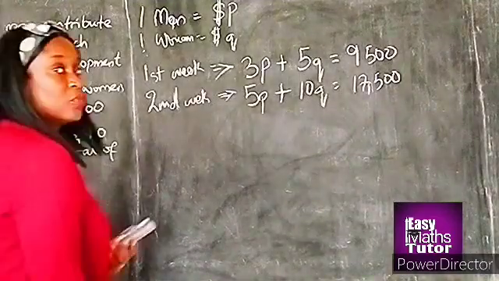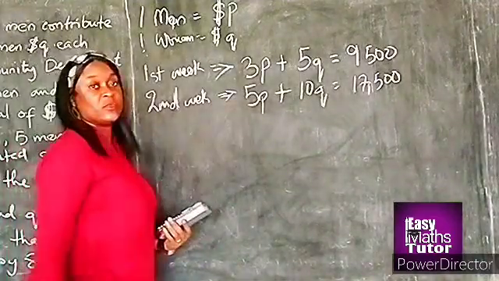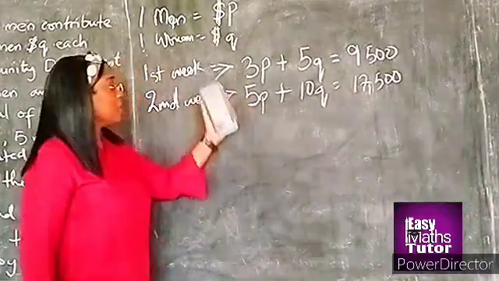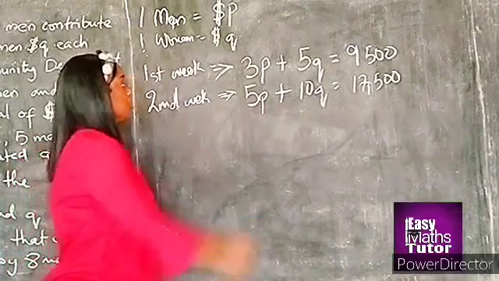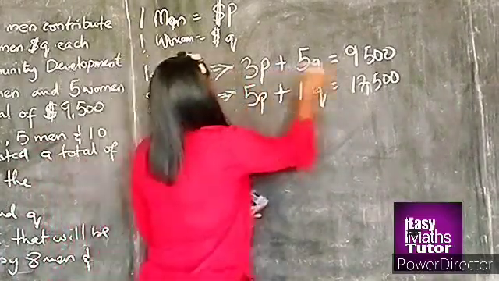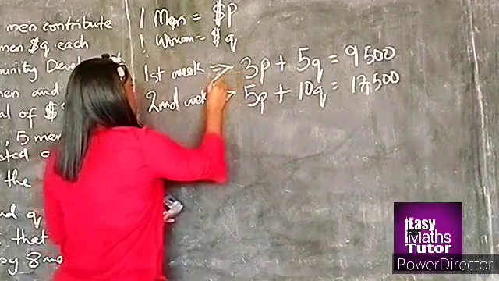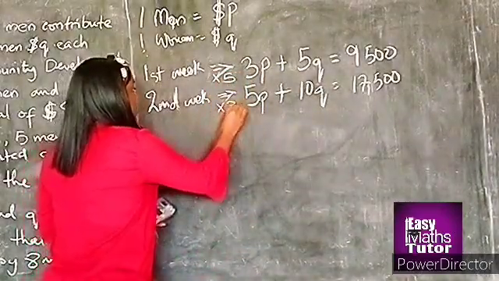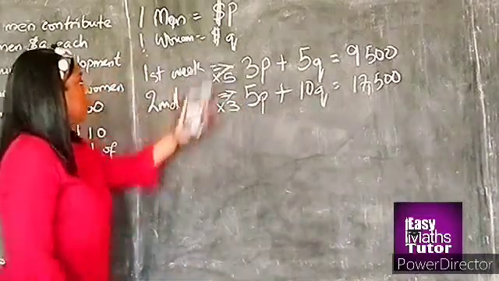So what are we going to do? We're going to solve this simultaneous equation. This is equation 1 and this is equation 2. To make these two equations equal, I'm going to multiply equation 1 by 5 and equation 2 by 3.